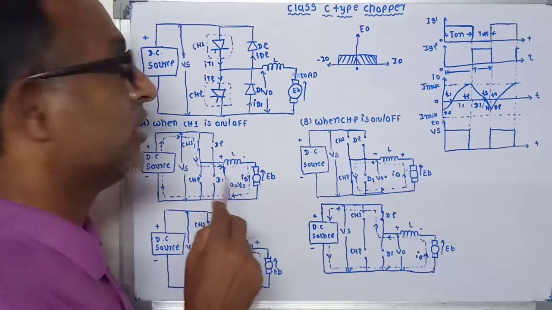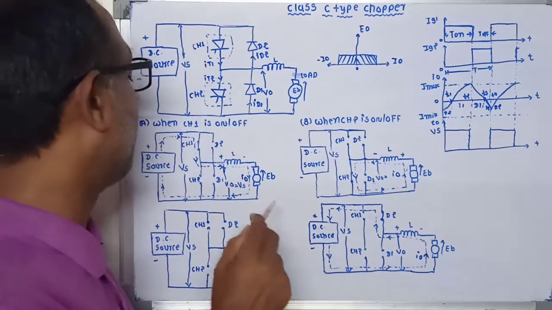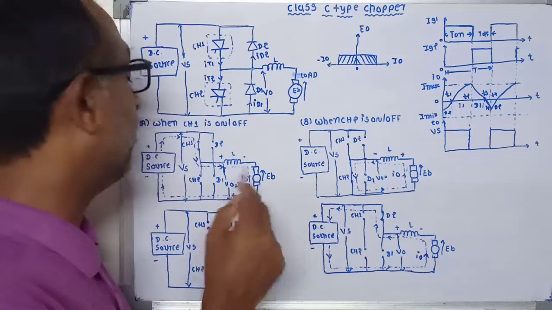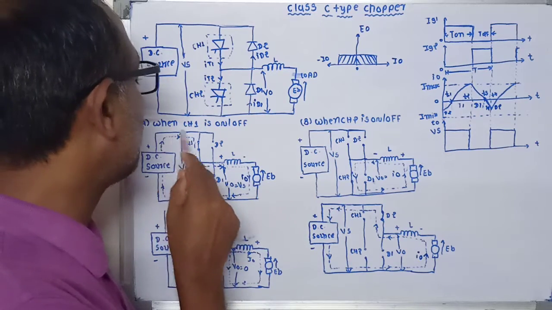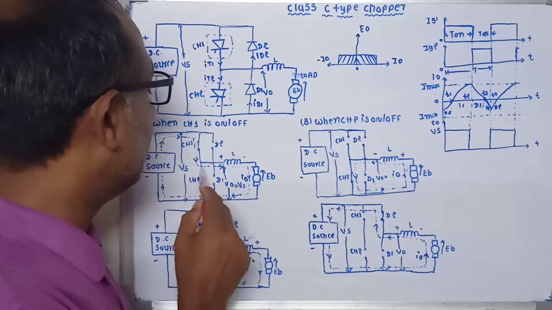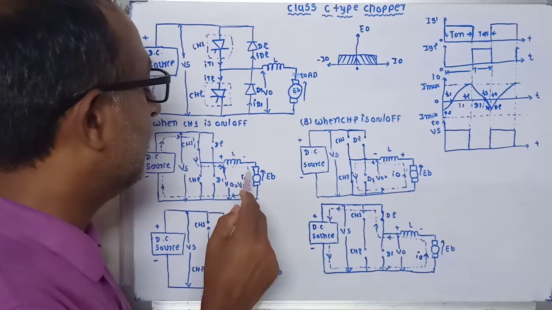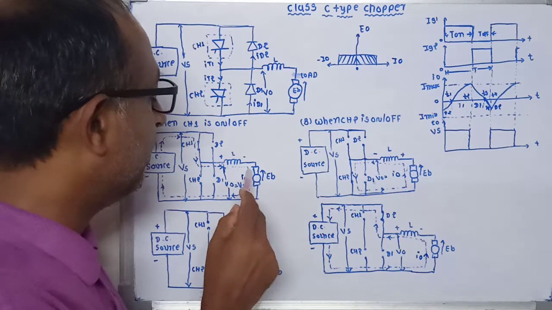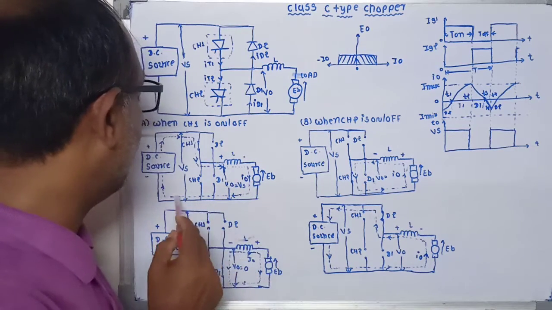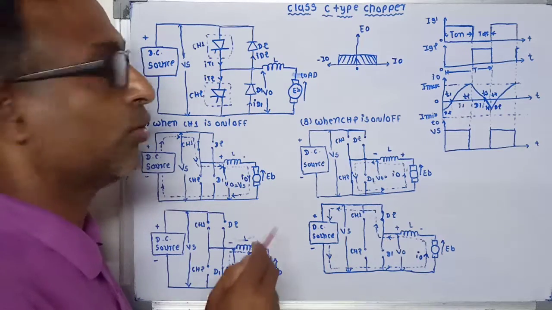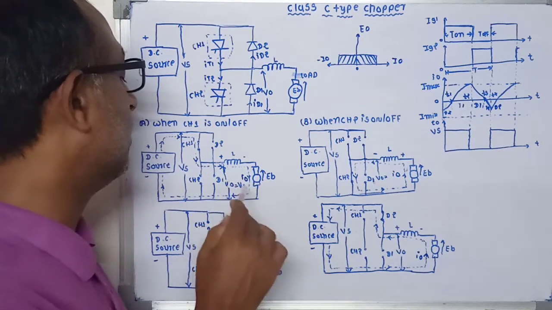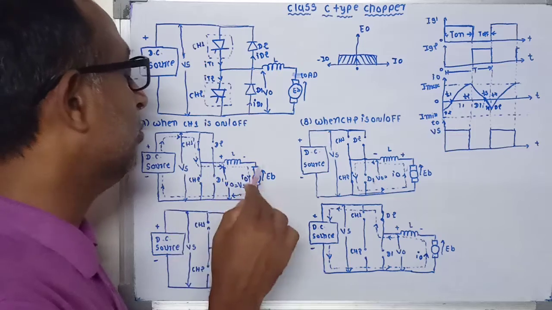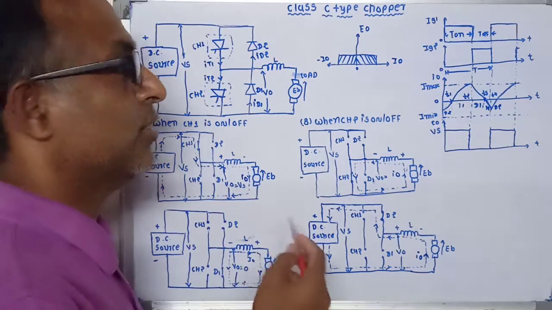Due to this voltage, the load current flows from the DC source to CH1, then inductor L, then the motor, and then into the negative terminal of the source. So the load current flows from left to right, which means it is positive.